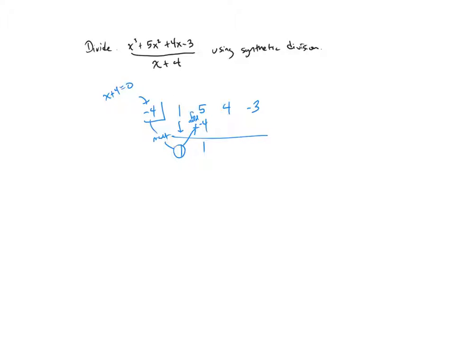And that would give me 1. Multiply, add. Multiply, add. Last number is the remainder. So this is the coefficient of a term that is 1 less than what we started with. So this would be 1x squared. This would be 1x. This would be 0 as a constant. And this would be the negative 3 remainder.